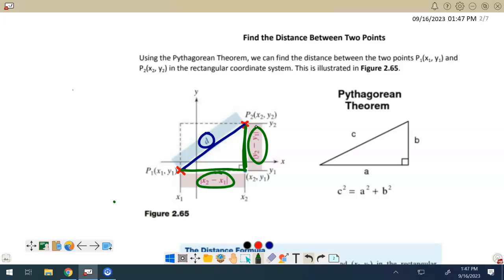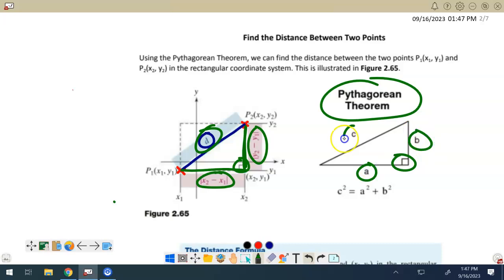And then we could find the diagonal distance using the Pythagorean theorem, right? Because when you look at the horizontal and the vertical distance, and how it relates to that diagonal distance between the 2 points, the shape you get is a triangle shape, and it's specifically a right triangle. And for a right triangle, the sides are related by the Pythagorean theorem. So we have a squared plus b squared equals c squared. Except that instead of a, we have the change in the horizontal direction.